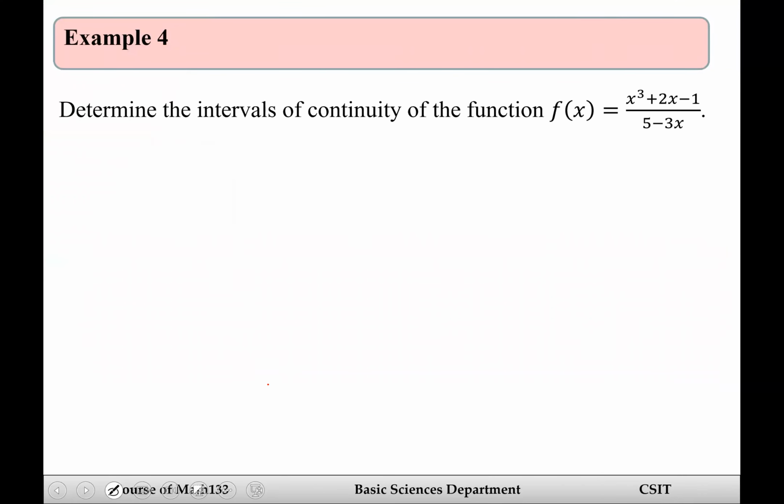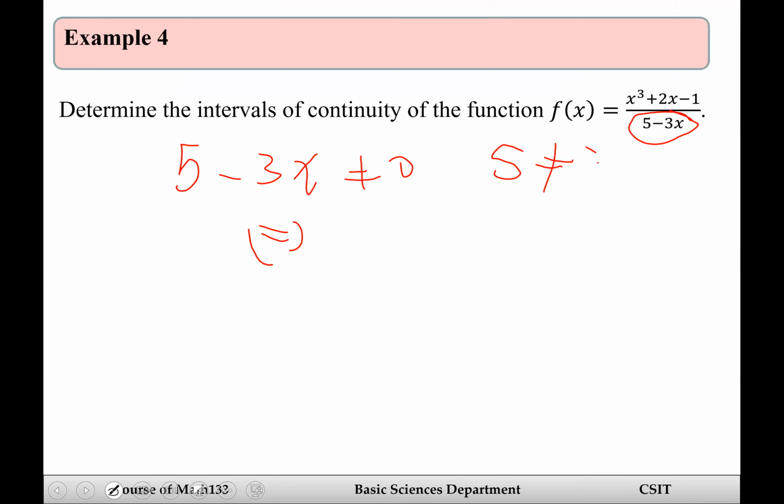Look at this example. Determine the intervals of continuity of the function f(x) equal to that. This is a rational function. So we need to make the denominator not equal to 0 to make the function defined. Not equal to 0, that means if we move, 3x is different from 5, and then x different than 5/3. So we need to remove this point.